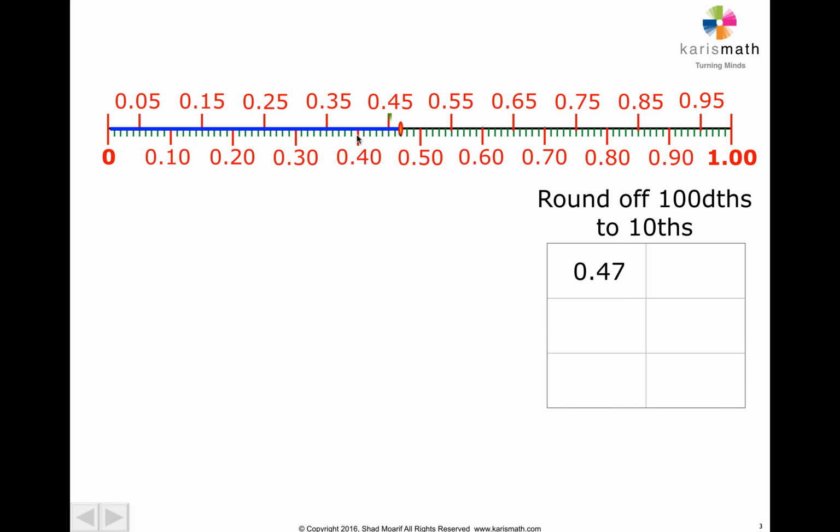This is all we need to take, this range, and ask ourselves, is 0.47 closer to 0.50 or is it closer to 0.40? It's obviously closer to 0.50, so we'll write 0.50. And so that actually works out to be 5/10.